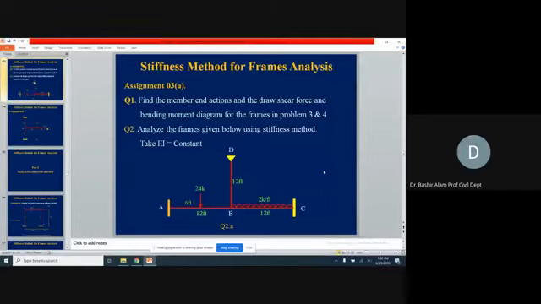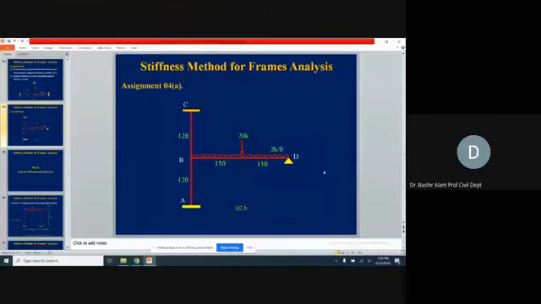So you need to coordinate with Engineer Faisal about all these assignments. If he's giving you more, it's okay, you should be able to do more work now. So these two problems at least you will have for your home assignment. And this is also assignment 4A and 4B.